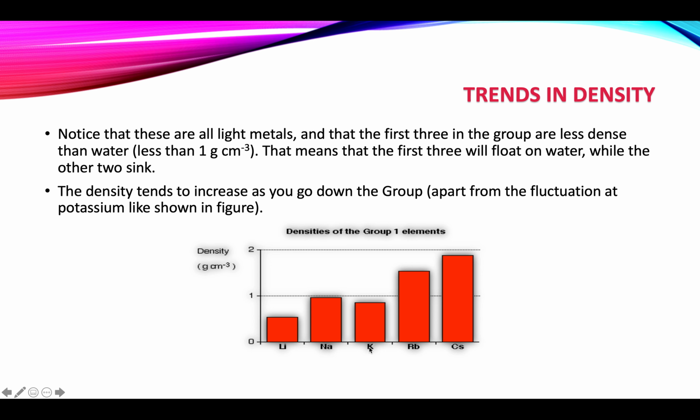But if we consider other elements, there is a far greater difference between the atomic masses of two elements. Due to the smaller difference of atomic masses of sodium and potassium, we can consider the volume factor over here, and size is increasing. So due to the abrupt increase in the size of potassium and the smaller difference of atomic mass values of sodium and potassium, the density of potassium is less than that of sodium. We can say that the volume factor is dominating in the case of potassium.